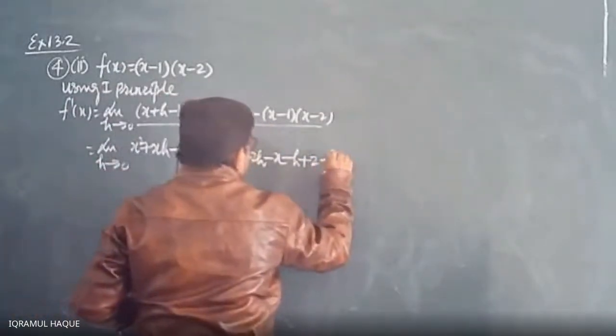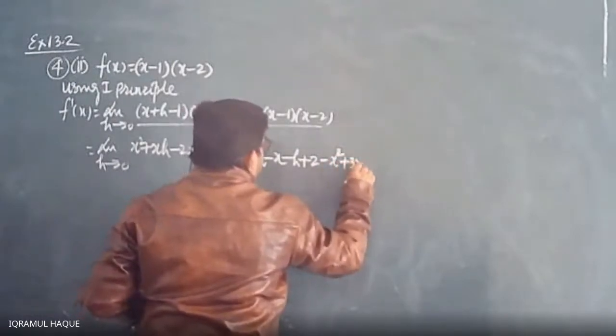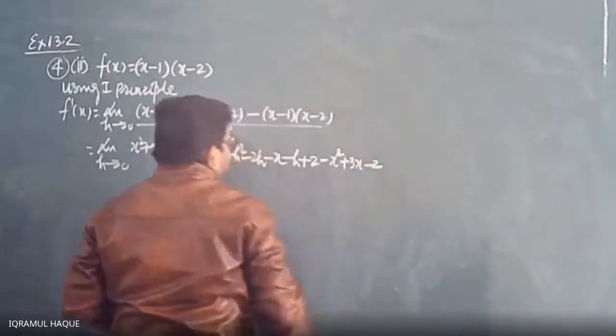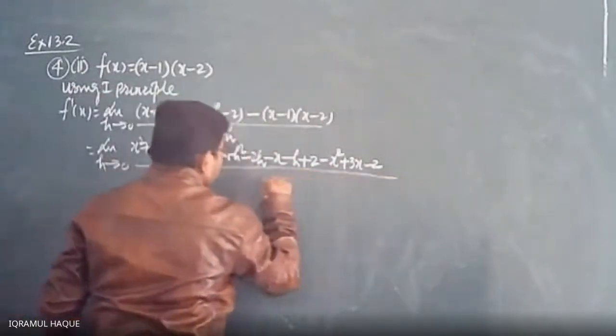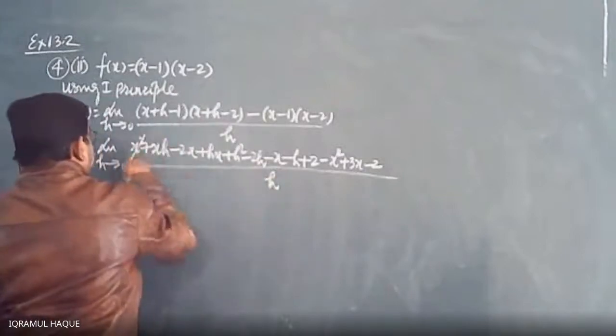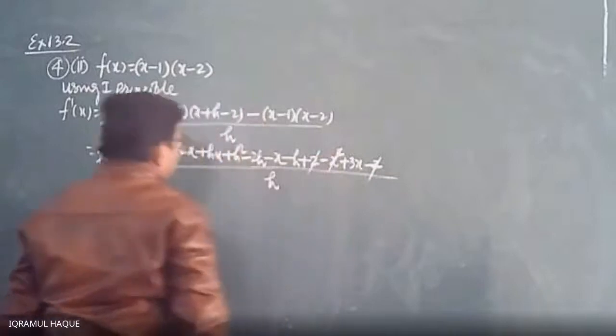So we have minus x square plus 3x minus 2 upon h. See, x square and x square cancel, minus 2 and plus 2 cancel.